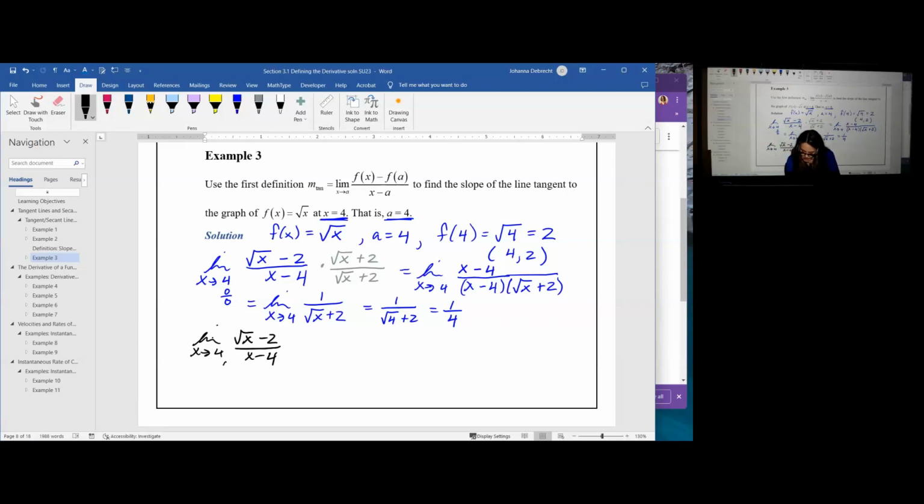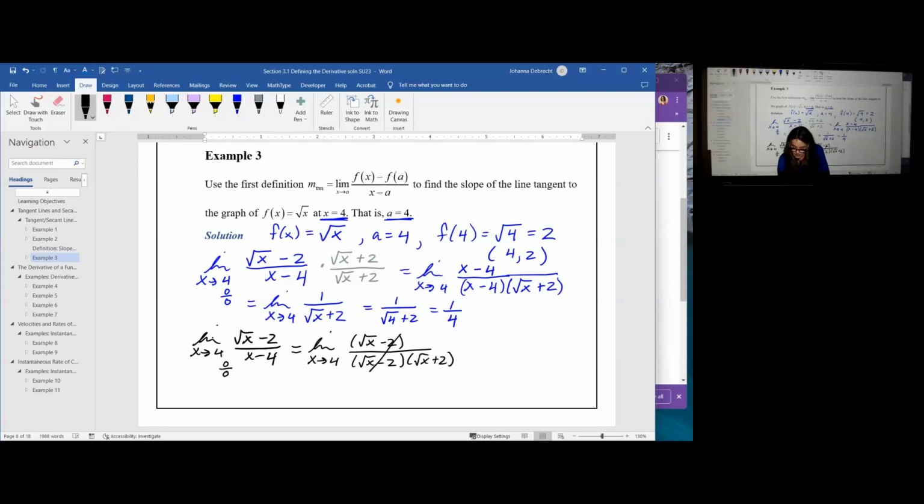Now, again, I would first substitute 4 in, leading to the indeterminate 0 divided by 0, and then I would try factoring. This would give me the square root of x minus 2 on top, and the conjugate pattern, square root of x minus 2, square root of x plus 2 in the denominator.